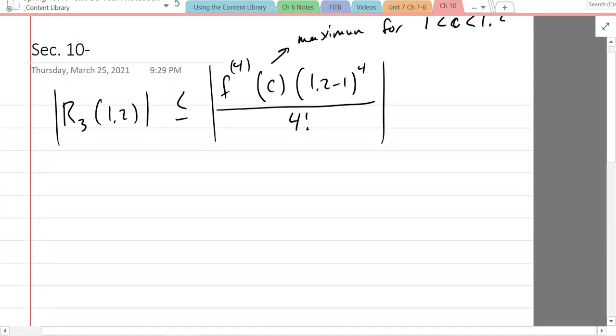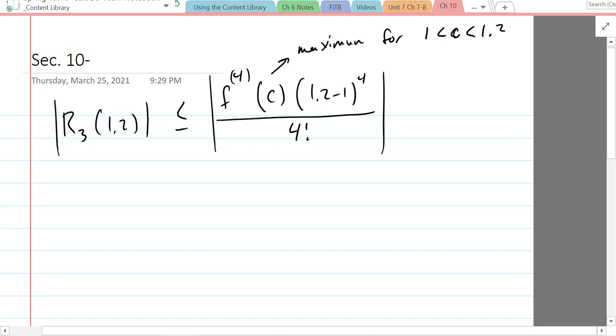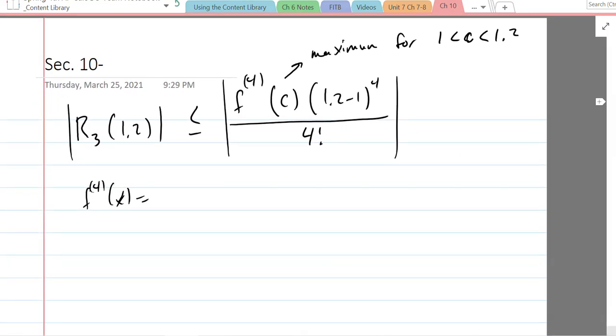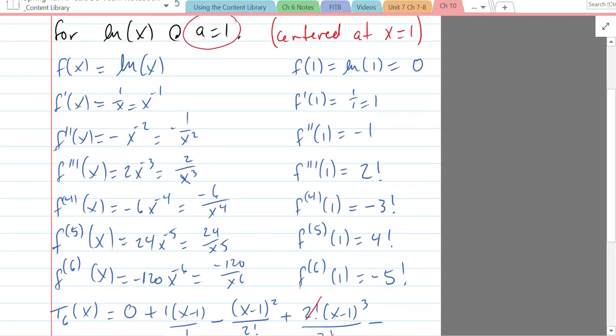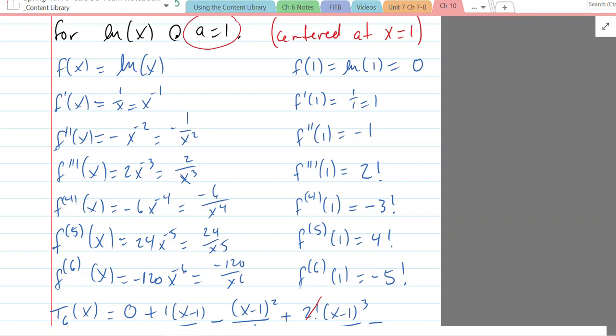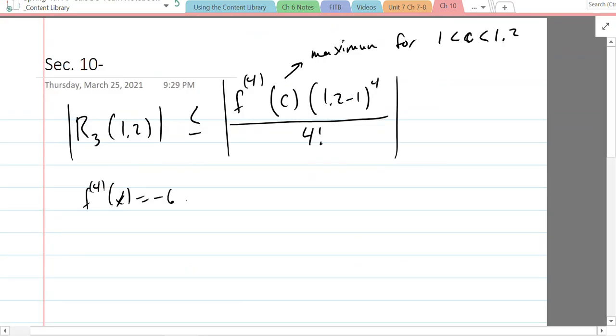And from above, the 4th derivative of ln x was negative 6 x to the negative 4.